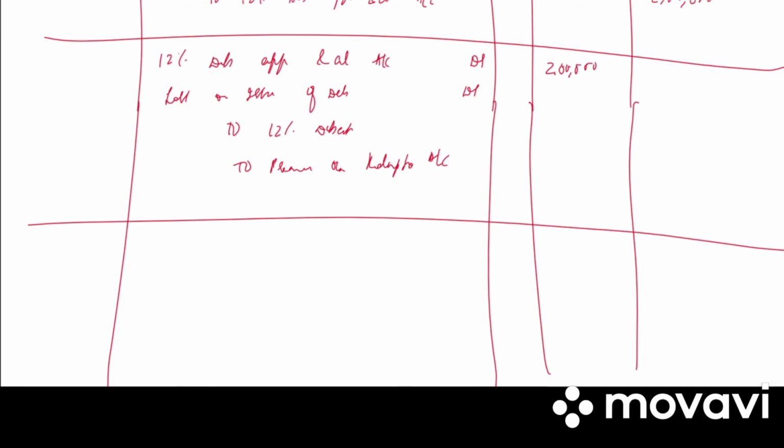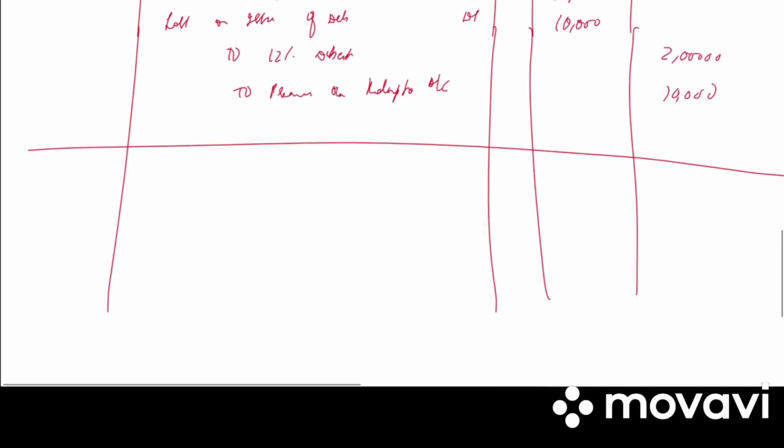It is redeemed at a premium of how much? 5%. So 10,000 is loss. 2 lakh and again 10,000. Write the narration. Transfer of application money to debenture account, issued at par but redeemed at a premium of 5%.